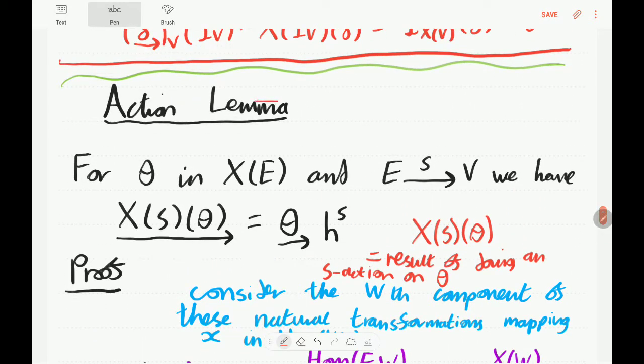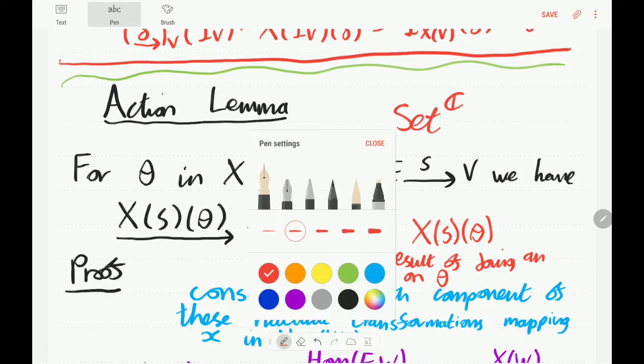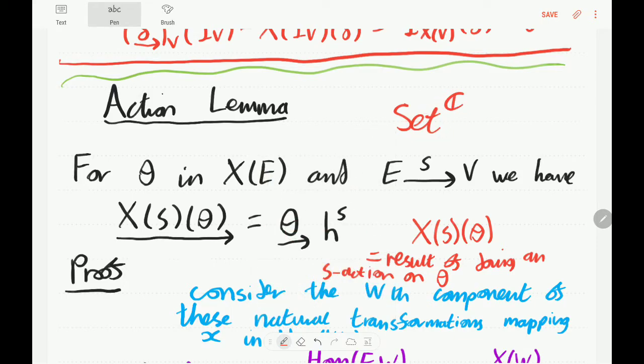So to say it formally then, the action lemma, which holds in general for a category of functors from C to Set for any category C, well, at least any small category, says that for theta in X of E, for an arrow S from E to V, we have X of S of theta underlined is equal to theta underlined after HS.